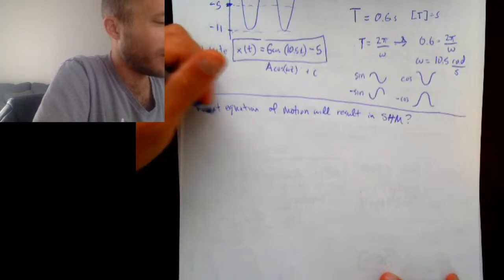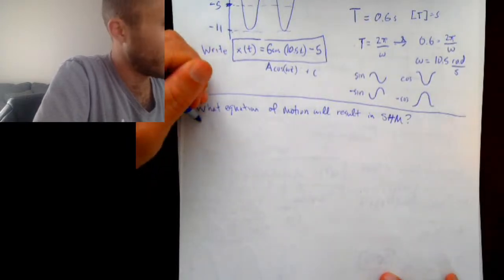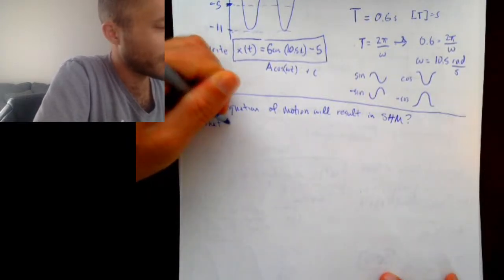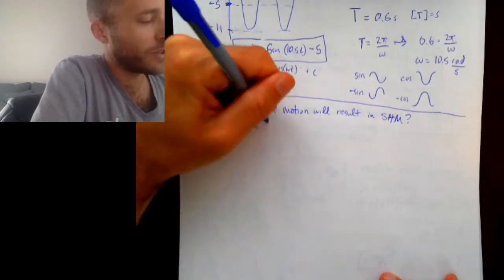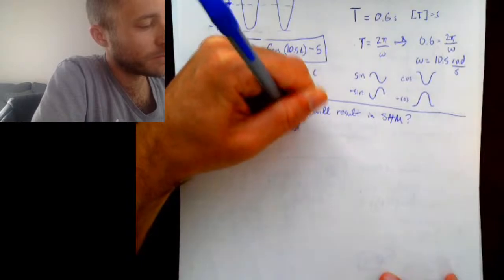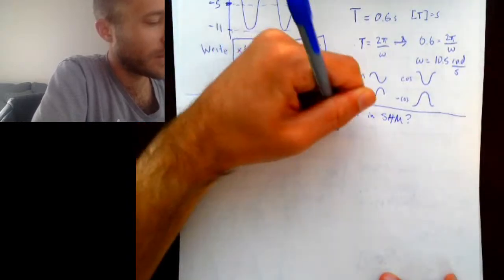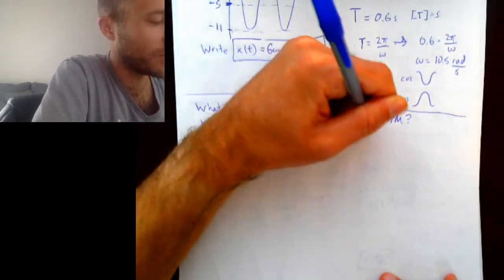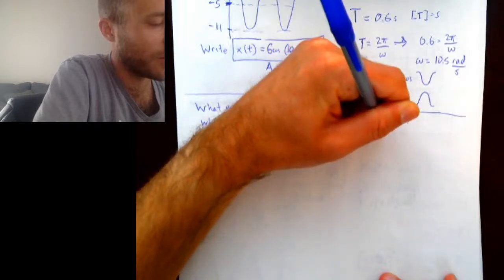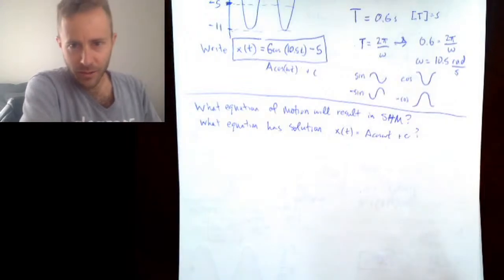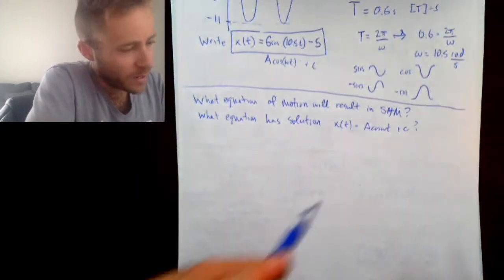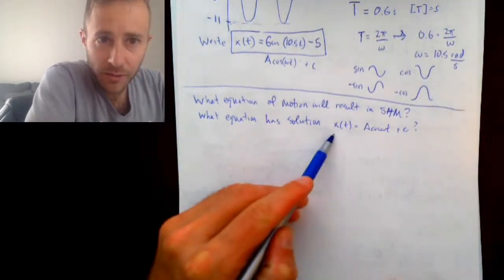Another way of saying that is what equation has a solution x of t equals A cosine of omega t plus a constant. We're trying to figure out when this situation arises.